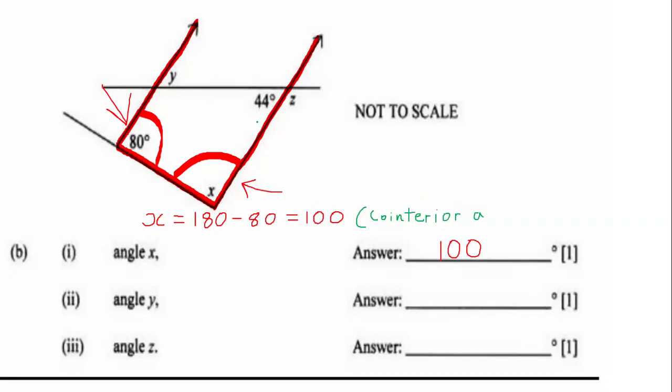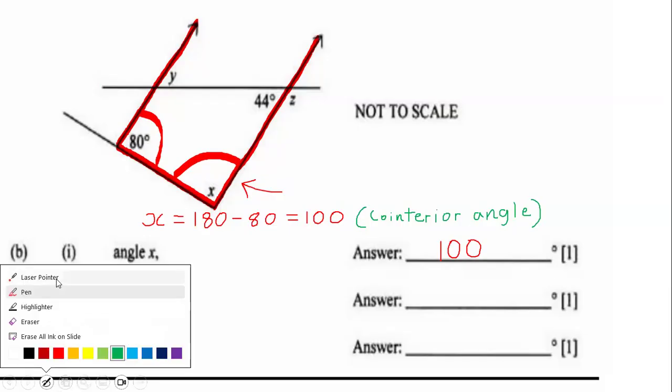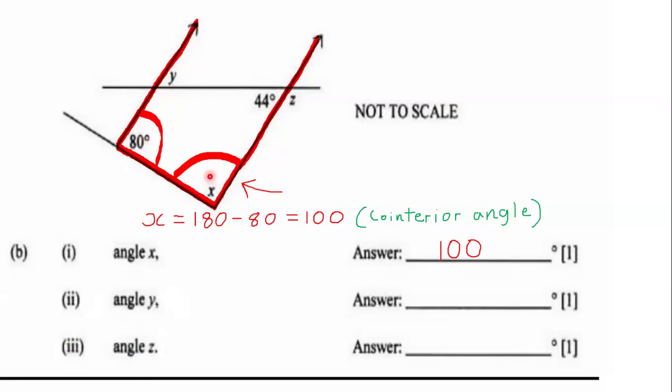What shape is this? A C shape. What do we know about C shape angles? They add up to 180. So that's why we subtract 80 from 180, because we know they add up to 180. So if this is 80, X must be 100 because the sum should be 180 degrees.